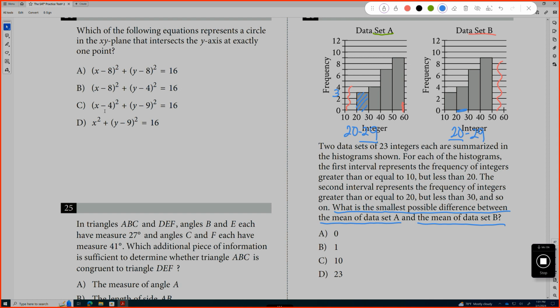But if I do 20 here minus 19 from the other group, then the difference will be 1. So let's just find the mean.